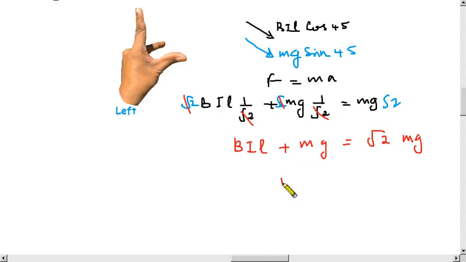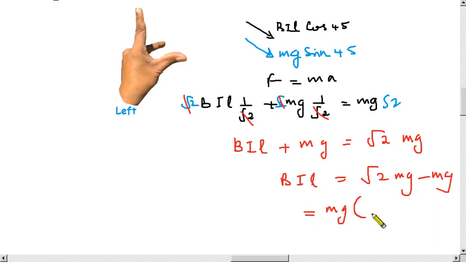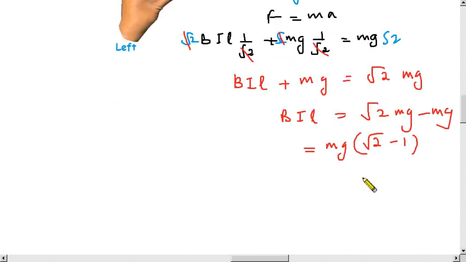Then BIL equals root 2 mg minus mg. We take mg out of the brackets because it is common, then root 2 minus 1 divided by BL is equal to I.